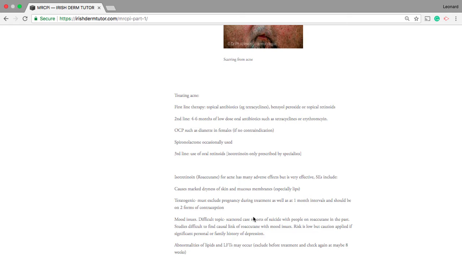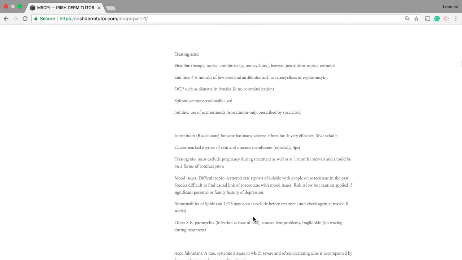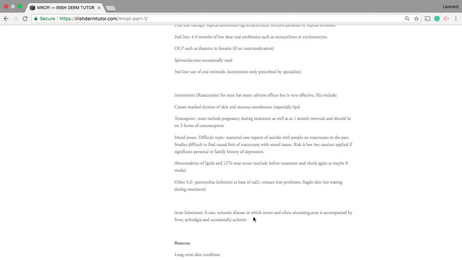Now, mood issues is a very tricky issue when it comes to Roaccutane. Many years ago, there were reported cases of patients who committed suicide, and this was linked to them starting Roaccutane. Many randomized controlled trials have been performed over the years regarding this, and some of them have been quite conflicted. If there is any link between Roaccutane and severe depression and suicide, it is probably very minimal.